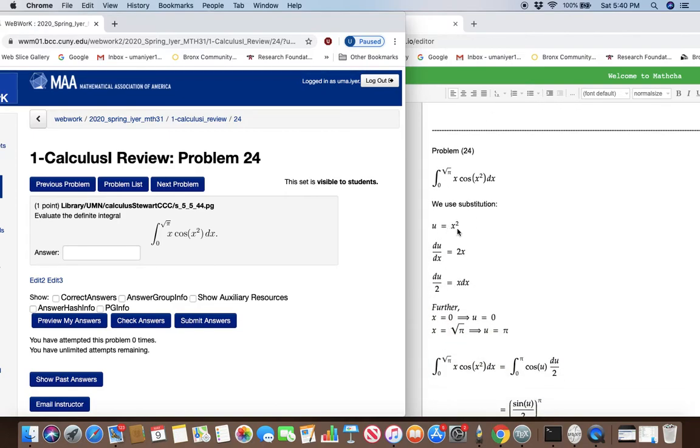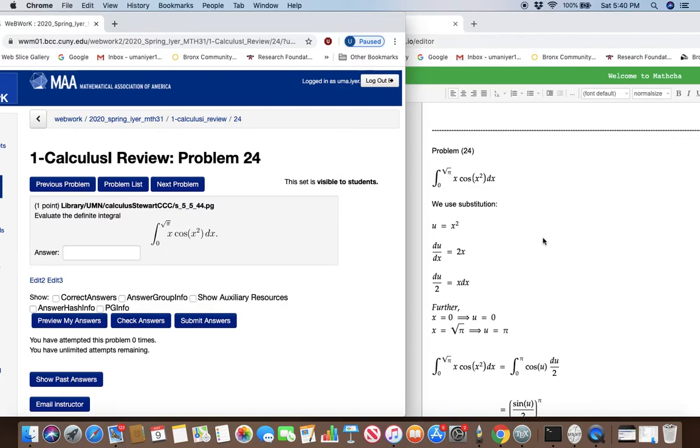Substitute u equals x squared. Du dx is 2x. I don't want 2x, I want just x. So move the dx above, that's x dx. Move the 2 below, that's du over 2. So x dx is du over 2. Cosine x squared is cosine u.